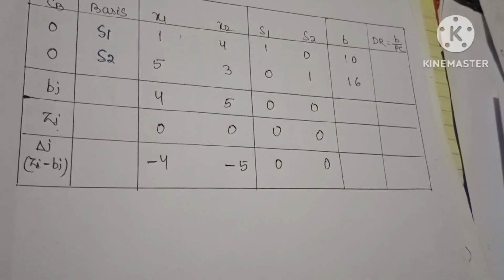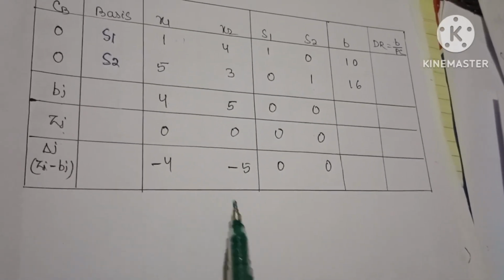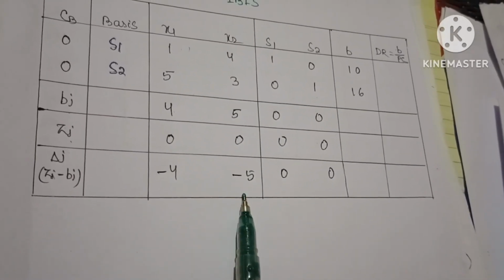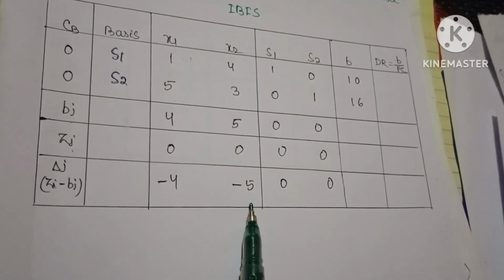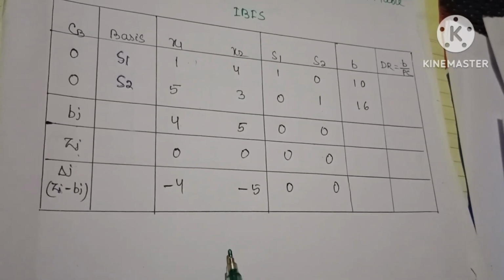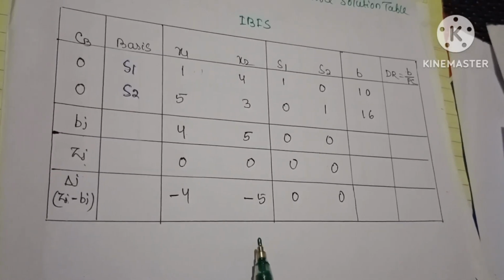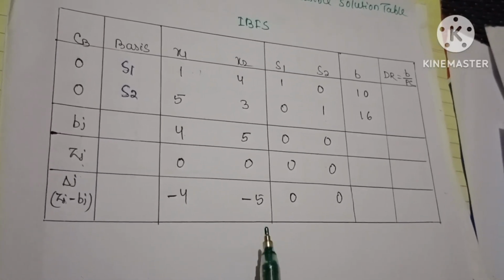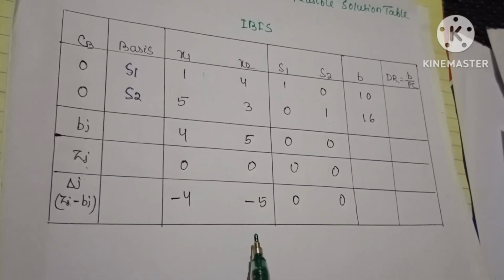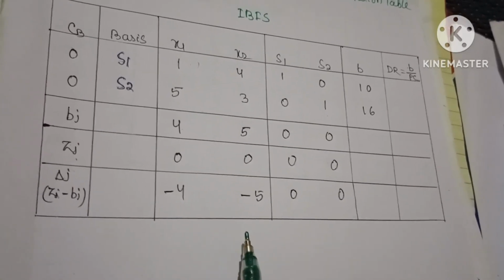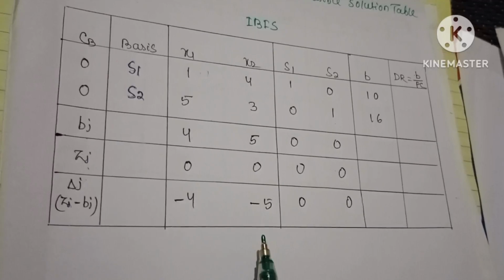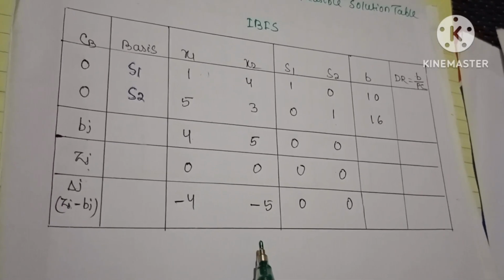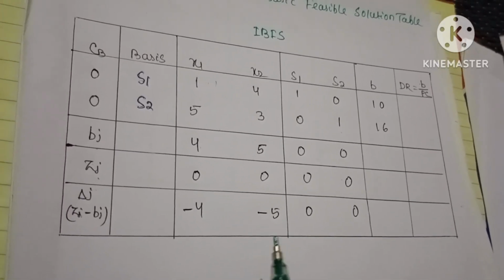So, as the indicator row represents suboptimality and we need improvement, for that we have to formulate the BFS 1. For that we need the pivot column, or key column, and the pivot row. So the next question is how to find the pivot column. For the pivot column, we have to select the largest negative magnitude.